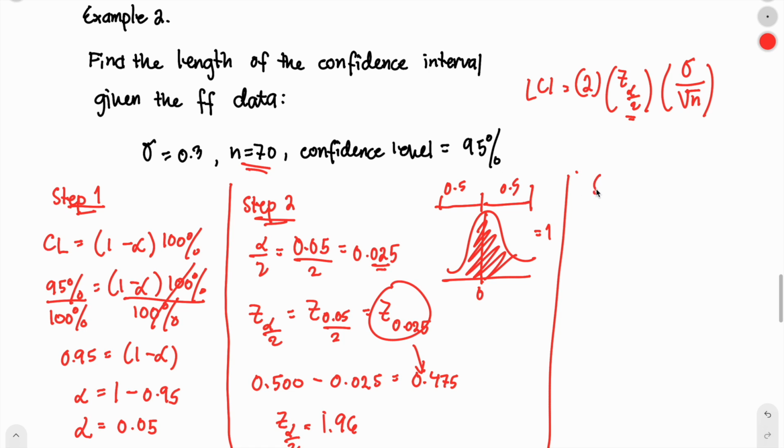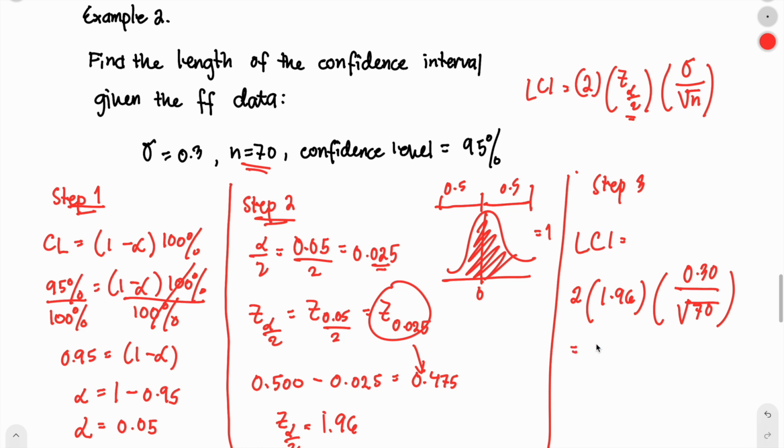So step 3, we solve for the LCI. LCI is equal to 2 times 1.96 times 0.30 over square root of 70. This is what? 0.1406.